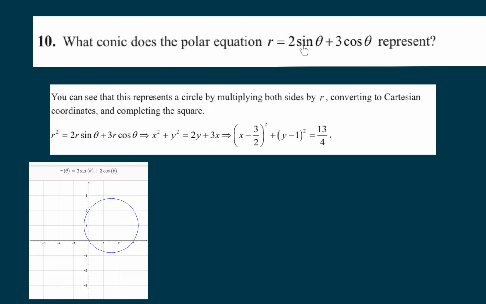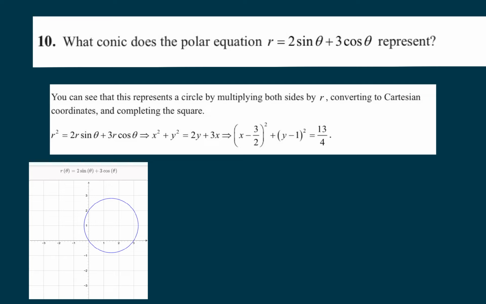You will obtain 2r sine of theta and 3r cosine of theta, but you remember that r sine of theta is the y, and r cosine of theta is the x. So it will appear 2y plus 3x.